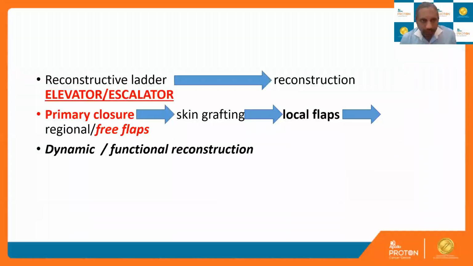In the past, there was a concept of the reconstructive ladder, but we have moved on to something like a reconstruction escalator or elevator. The ladder used to start from primary closure, skin grafting, local flaps. But most of the time nowadays we choose the flap depending upon the defect, the patient conditions and other problems, as I will discuss in the further slides.